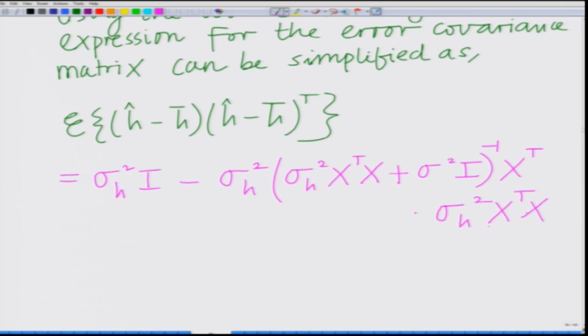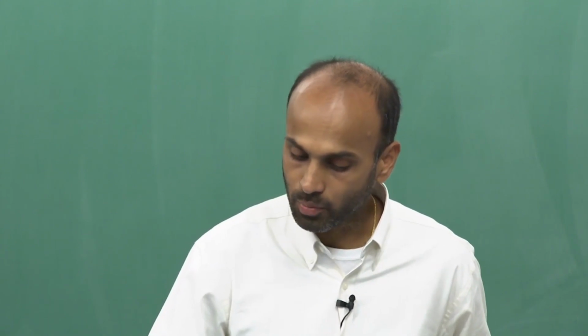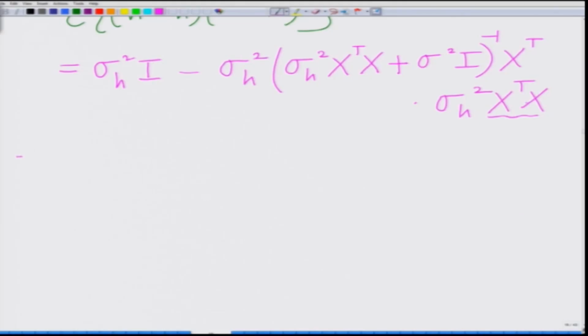Okay. Now, to this x transpose x, I am going to add and subtract sigma square identity, and that is how I am going to simplify this. Now this is a slightly tricky step, so please pay attention.